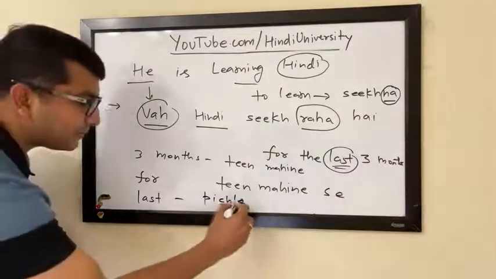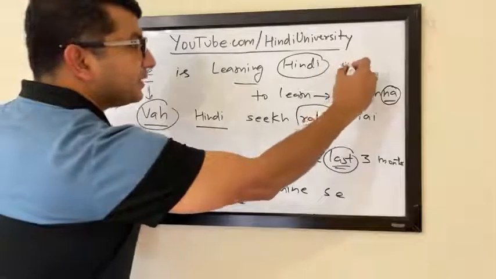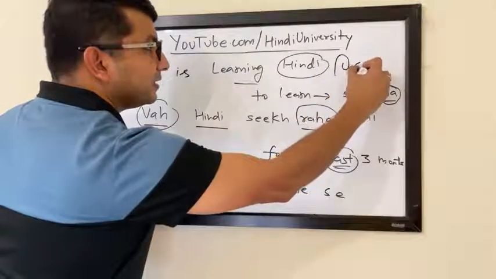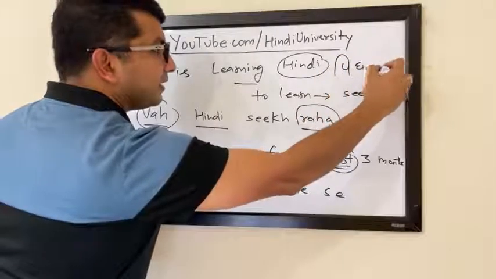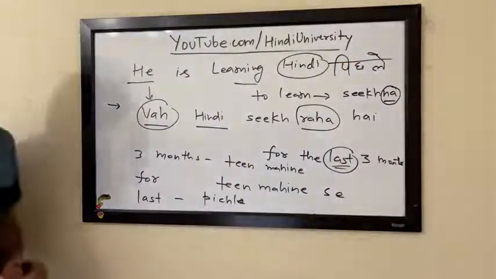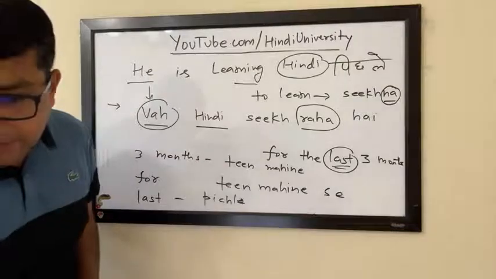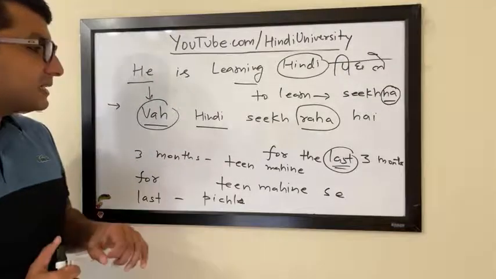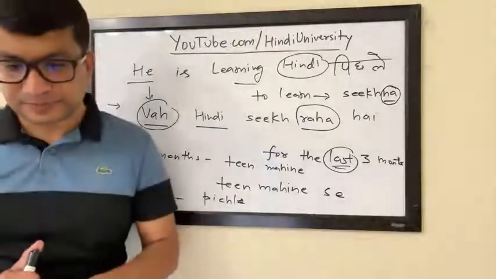Okay, that's correct. You can say पिछले. It's pe with e, cha, and then la with a, पिछले. So that's absolutely correct. You can say वह पिछले 3 महीने से हिंदी सीख रहा है.